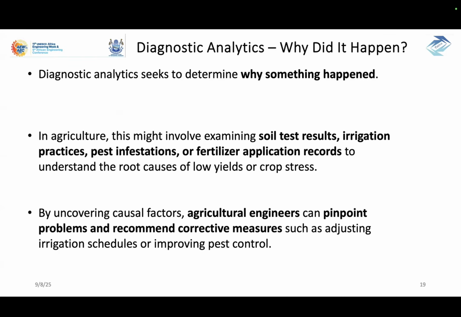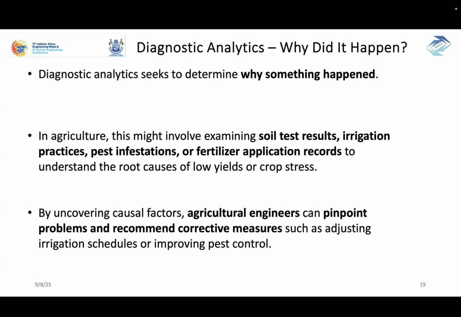By uncovering those causal factors, an engineer can pinpoint problems and recommend corrective measures. For example, let's take irrigation practices. The engineer knows a lot about the irrigation machine. Maybe after doing the soil test, the results showed no problem, we didn't have any pests, and the fertilizer application was good.